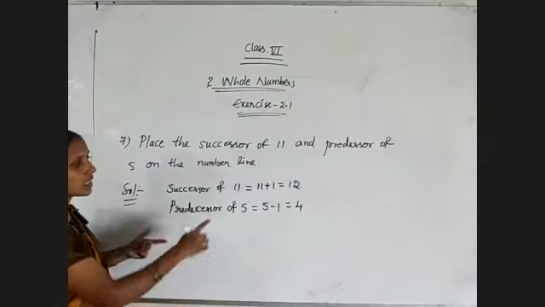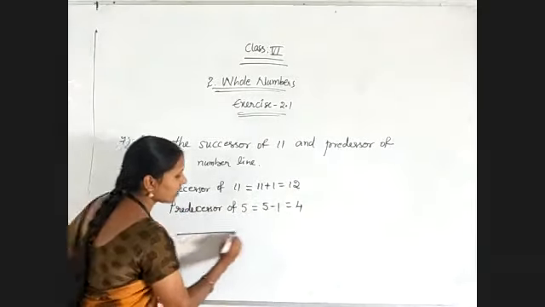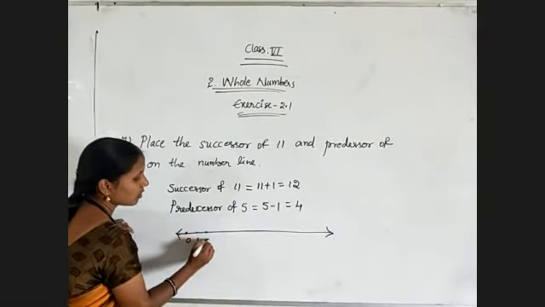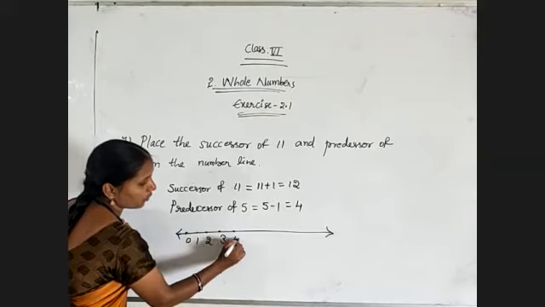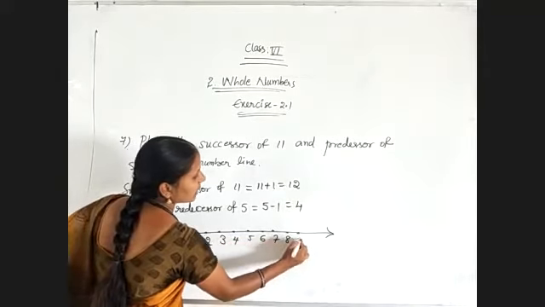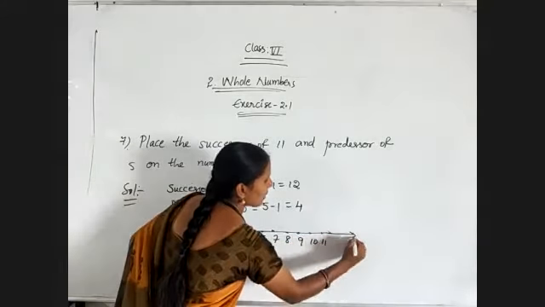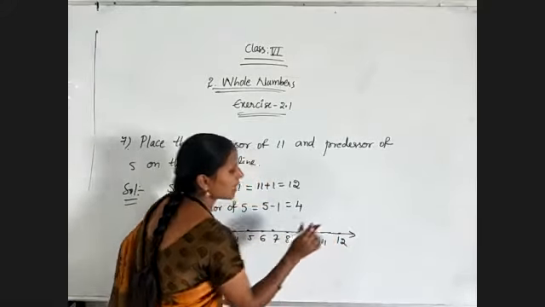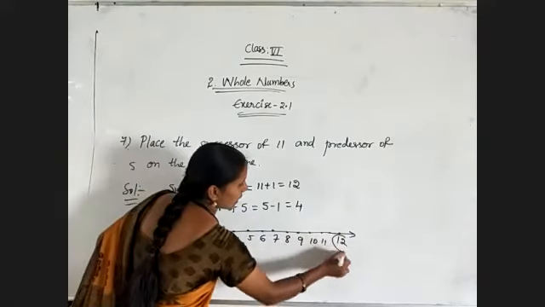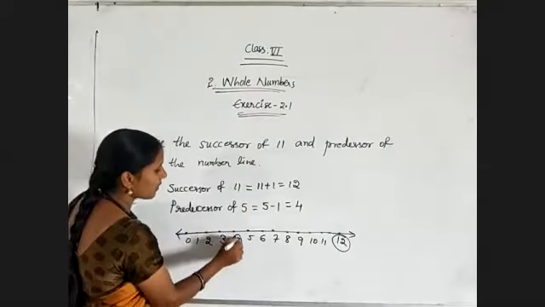Now I want to represent these two numbers, 12 and 4, on the number line. 0, 1, 2, 3, 4, 5, 6, 7, 8, 9, 10, 11 and 12. Okay, till 12 is enough.